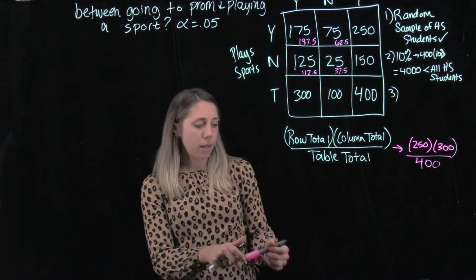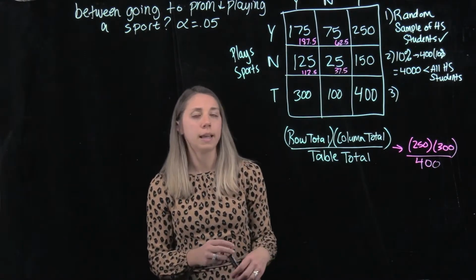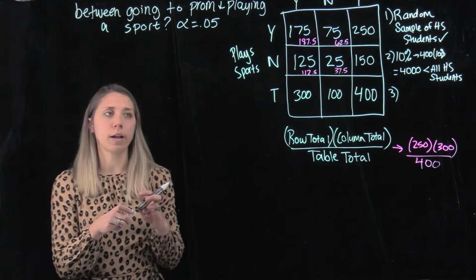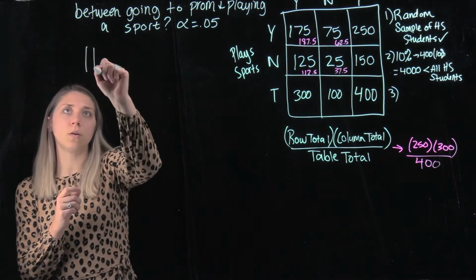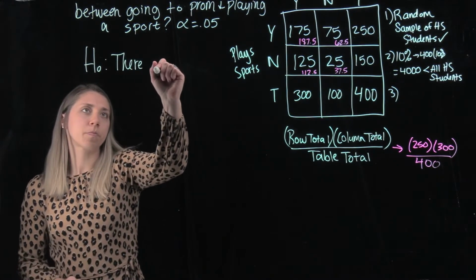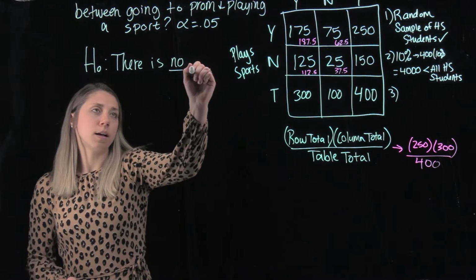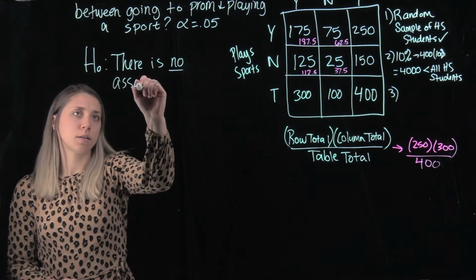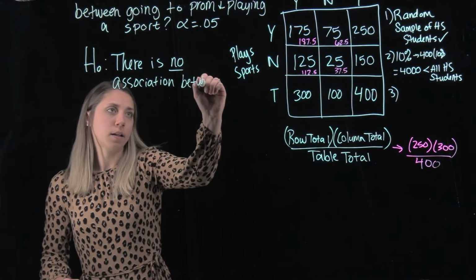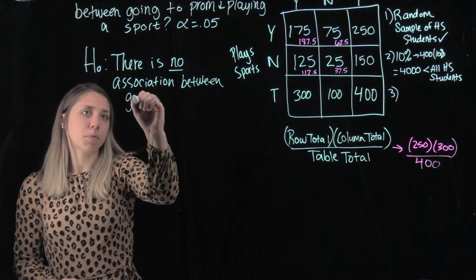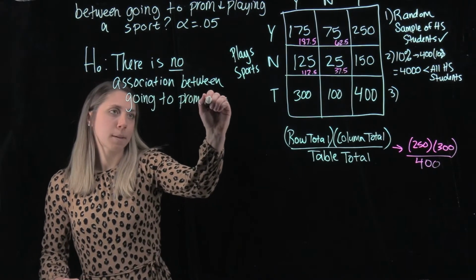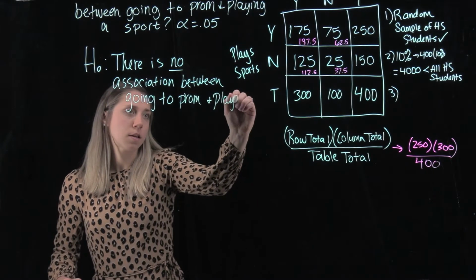All right, with that information, we can then find our chi-squared test statistic. But let's first write our hypotheses. Null hypothesis: there is no association between going to prom and playing sports.